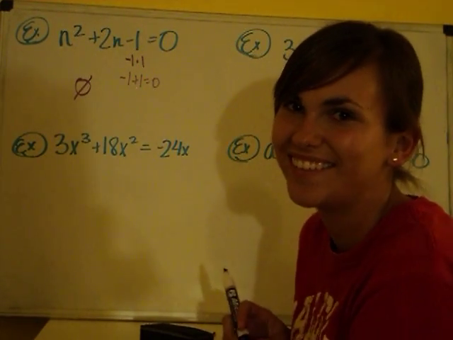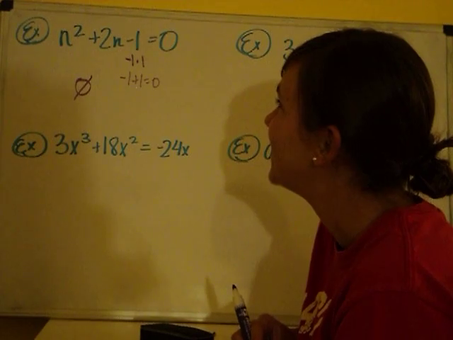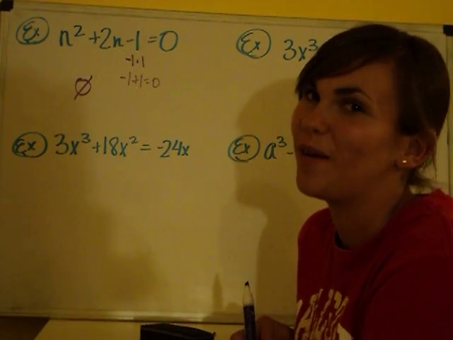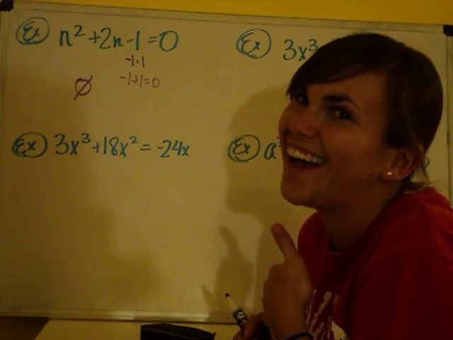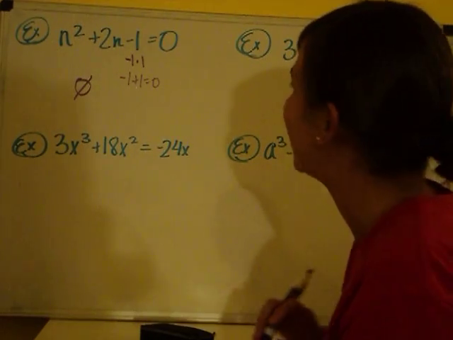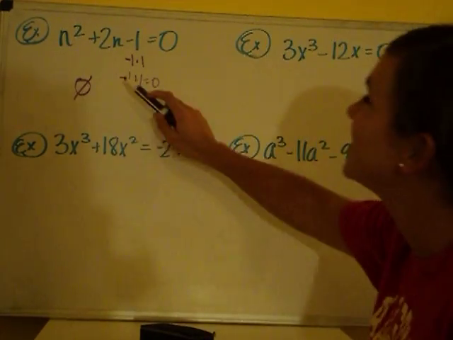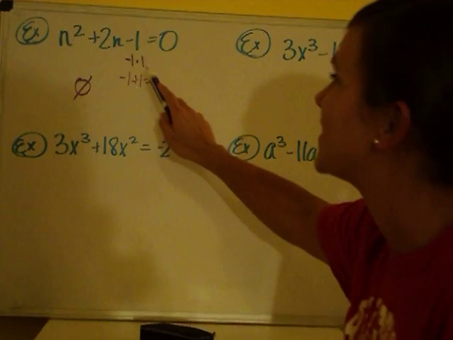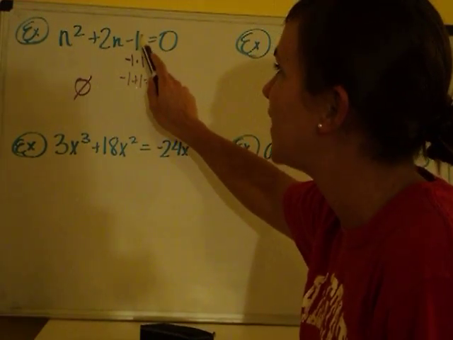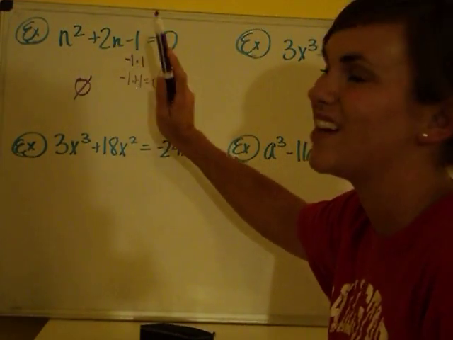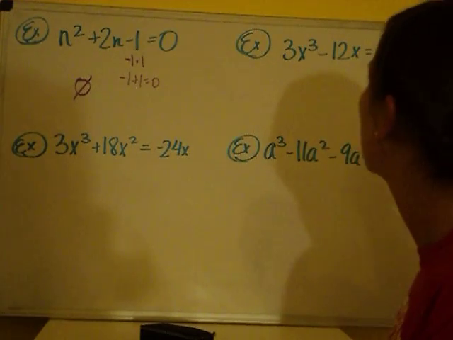Oh no. At least not until we get to Algebra 2 and learn about imaginary numbers, or irrational numbers, either way. This one's not going to work out so well because there is no product that has a sum of 2, so this one is not factorable. Done.